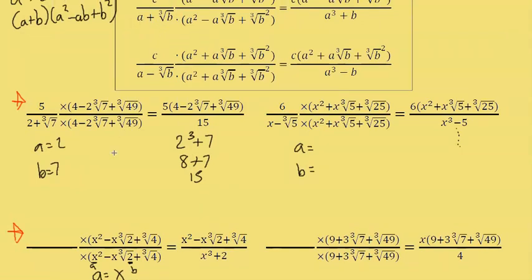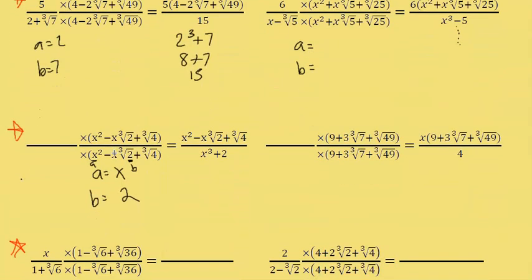A plus the cube root of B. So that would be X plus the cube root of 2. And then at the top, it looks like nothing changed, so we're just going to have a 1 up there.